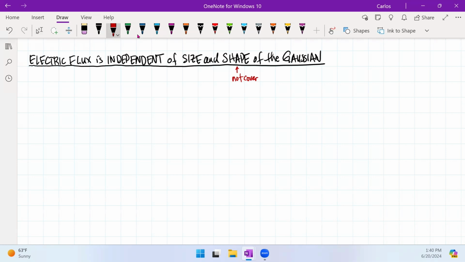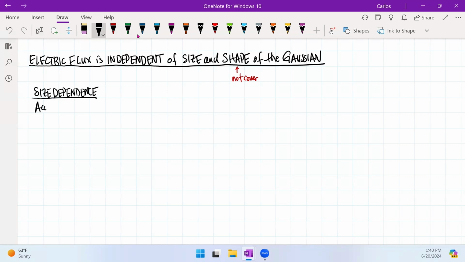So I'm only going to discuss the size dependence. So here we go. Size dependence. According to Gauss's law, if an enclosed charge is fixed, then the flux must also be constant.